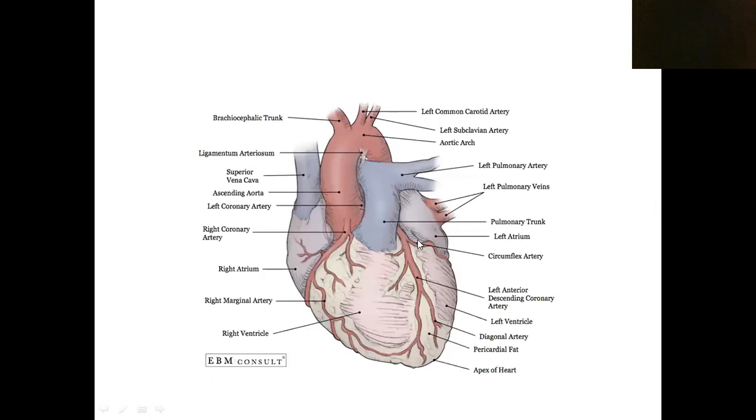Means this part, the remaining part, this area, is known as circumflex artery. Okay, so this is actually the continuation of this left coronary artery, but after giving this anterior interventricular artery, the remaining part of the left coronary artery is known as circumflex artery.